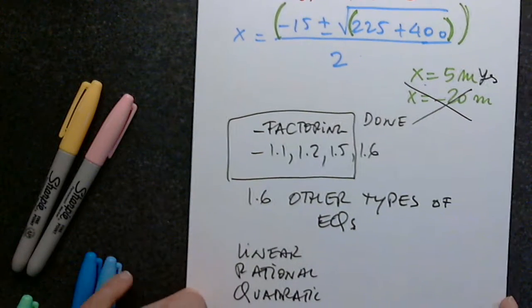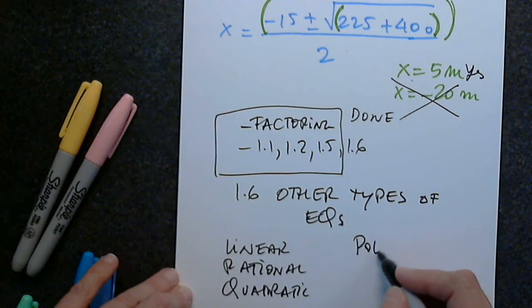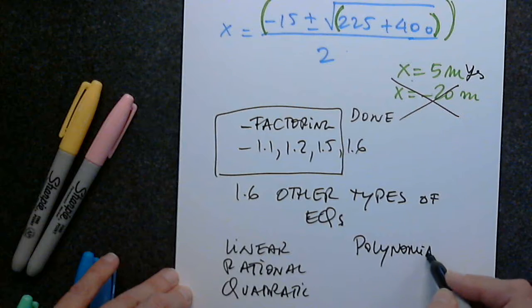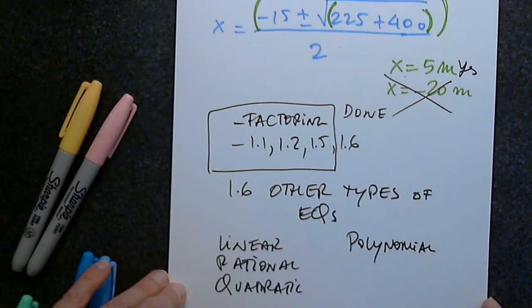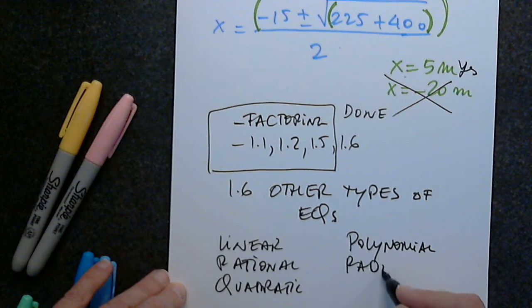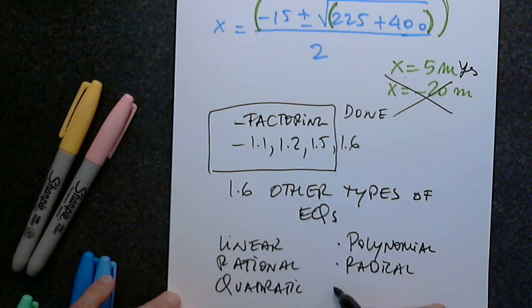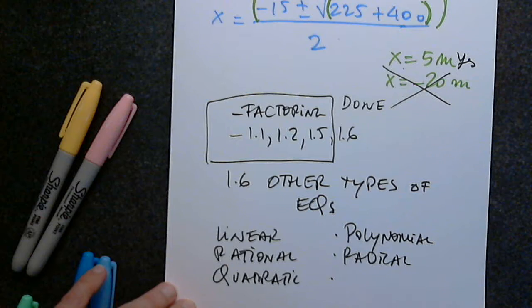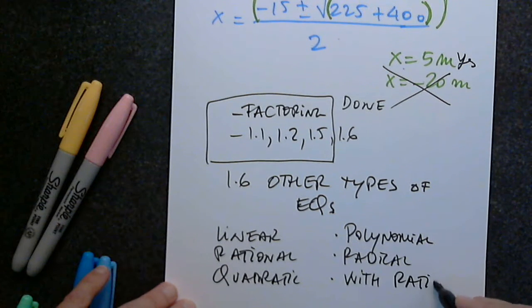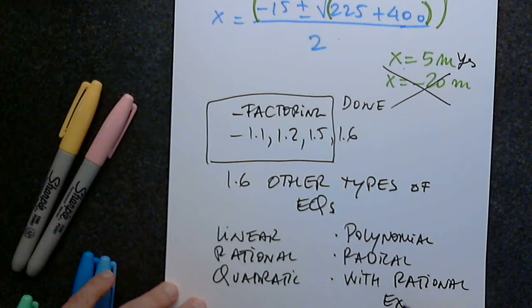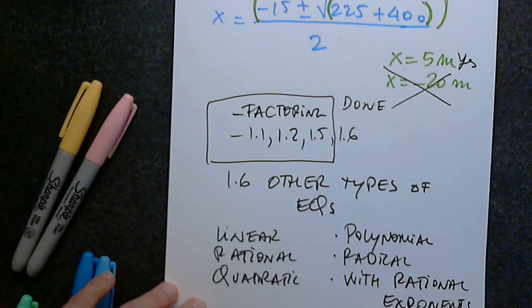We're going to add polynomial, radical, so 1, 2, with rational exponents, equations with rational exponents, absolute value equations.